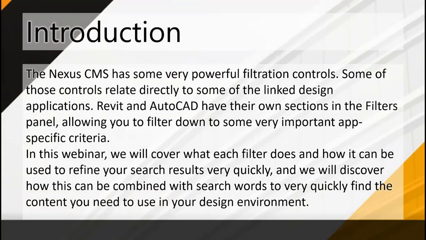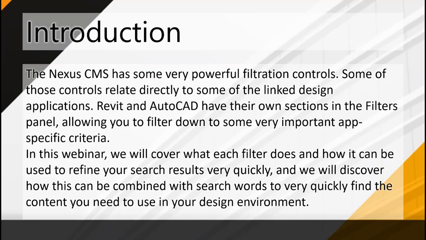But without further ado, let's jump right into the topic of the day. So, Nexus, the CMS itself specifically, has some really powerful filtration. And a lot of these are related directly to a specific app. Now, for most of us watching this here and talking about this, we're probably focusing on either Revit or AutoCAD, or potentially both.